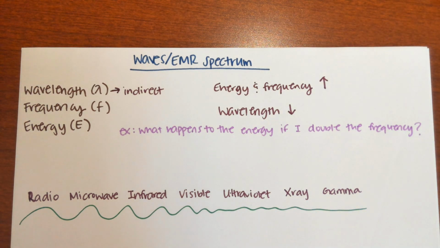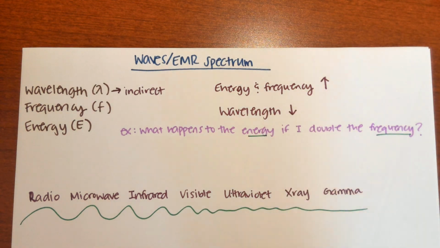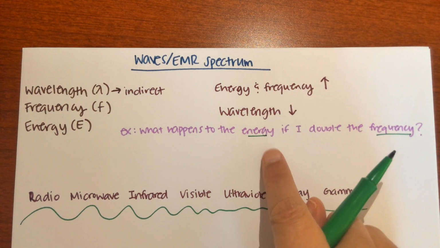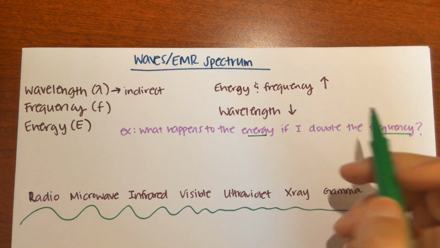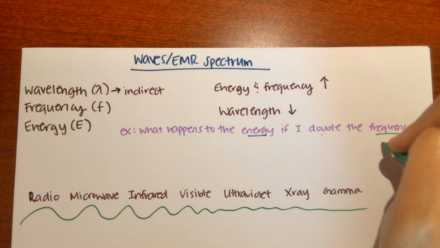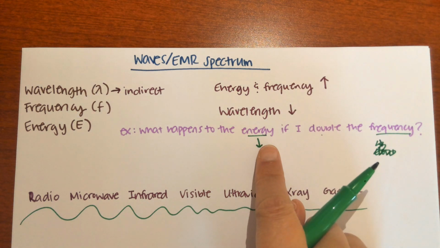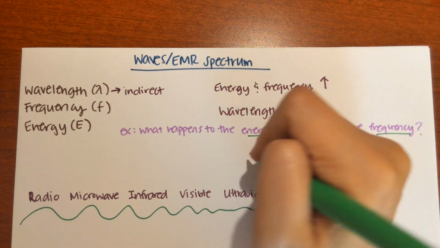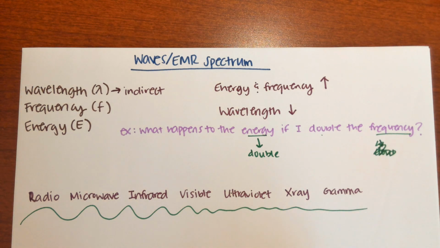So the variables that you are dealing with here are energy versus frequency. Since we just talked about energy and frequency being direct, so they both increase or they both decrease, they are the same. We're asking about energy here, so energy would also double if I double the frequency.